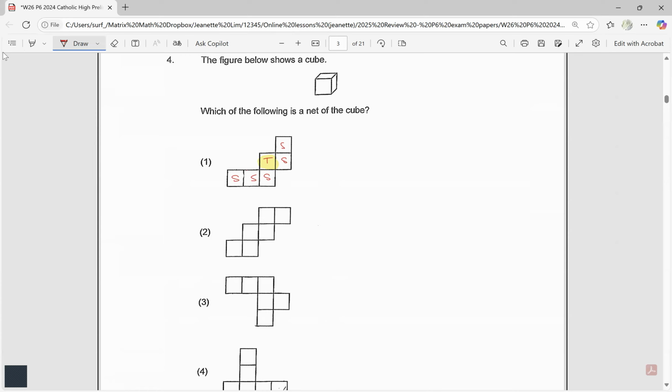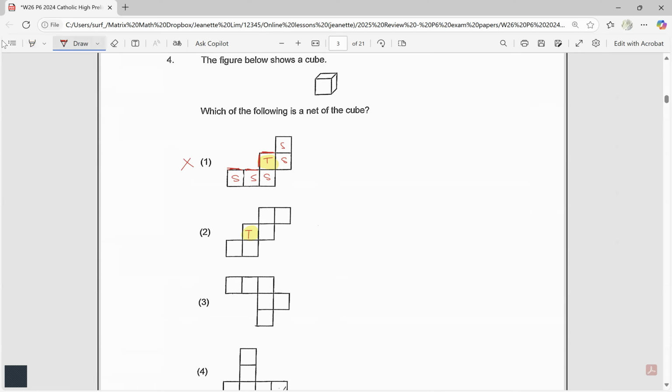Okay, so this will connect with this, and then it will wrap around such that this one will be connected to this side, but it already has one square connected to it. So you need to have a top and a bottom. You can't have 5 sides. So this one is out. Next one, let's take maybe this one as the top.